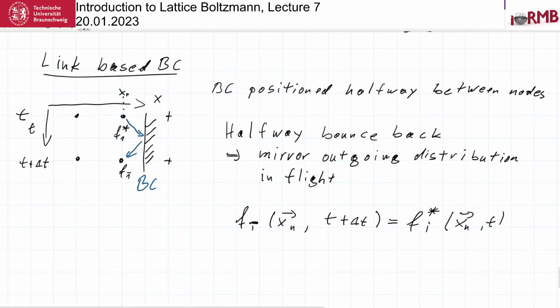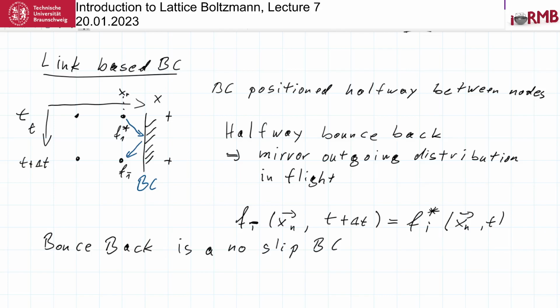And what this does is it produces a zero velocity. Bounce back, I write this capitalized because this is a name, is a so-called no-slip boundary condition. No-slip means it is setting velocity to zero, both normal and parallel. So it's non-penetrating and it's not slipping.